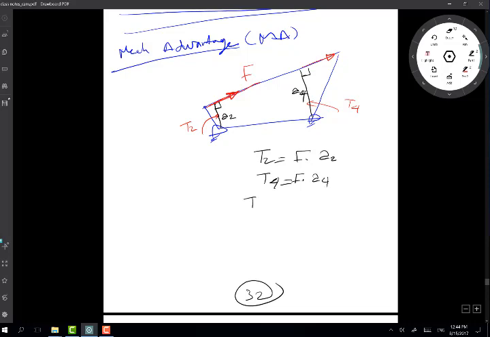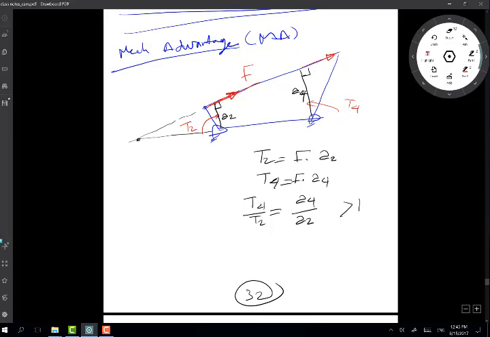Now, T4 over T2 is equal to A4 over A2. And this is the mechanical advantage, which should be greater than 1, right? You can calculate the mechanical advantage from the arms, or you can do some more geometry to calculate it.